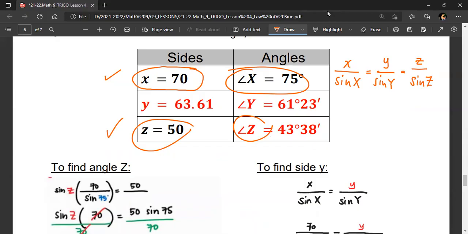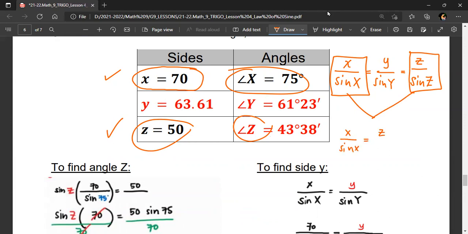So, let's go back to the table. Our givens here are complete for side X and angle X. So, we will be choosing this relationship. Next, since we do not have angle Z, but we do have side Z, therefore we will be using this relationship. Therefore, they will be together to form a simple equation to follow.